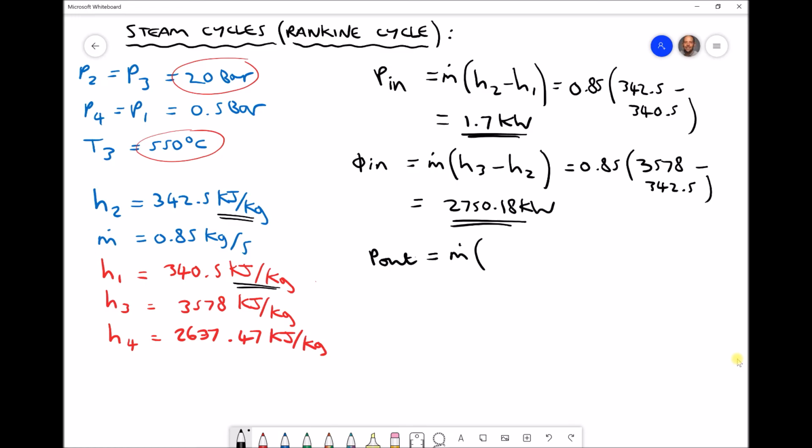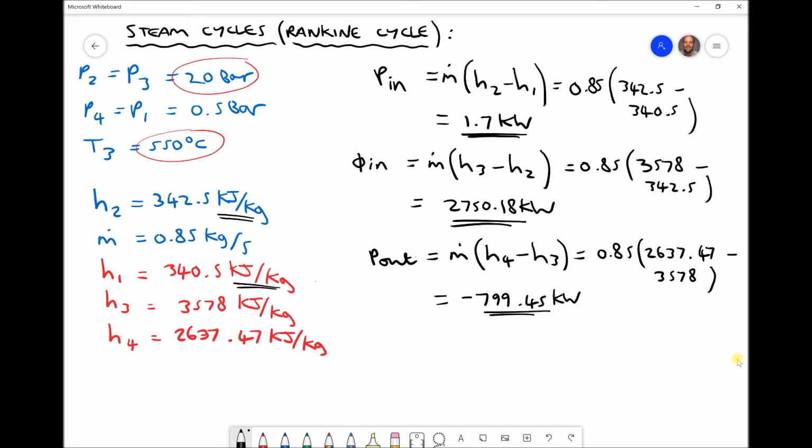We have the mass flow rate, the exit of the turbine is H4 and the entry is H3. 0.85, H4 is 2637.47, H3 is 3578, giving us a P out value equal to minus 799.45 kilowatts.